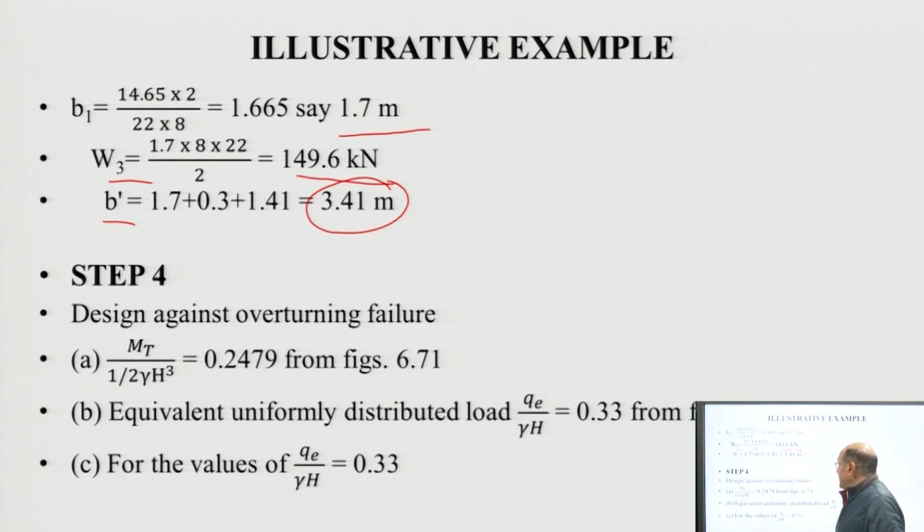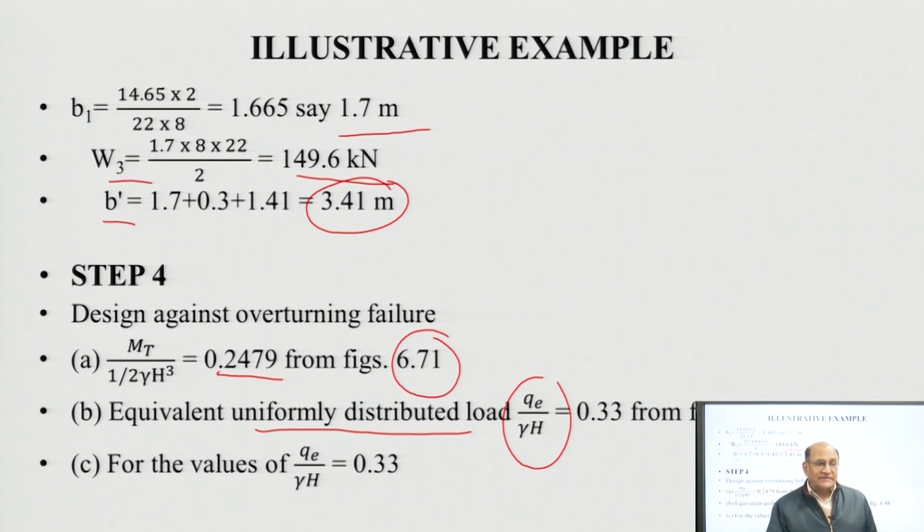Now, step 4, design against overturning failure. Here MT by half gamma HQ will be equal to 0.2479 from figure 6.7.1. Equivalent uniformly distributed load QE by gamma H, that will be equal to 0.33 from the figure 6.8B.